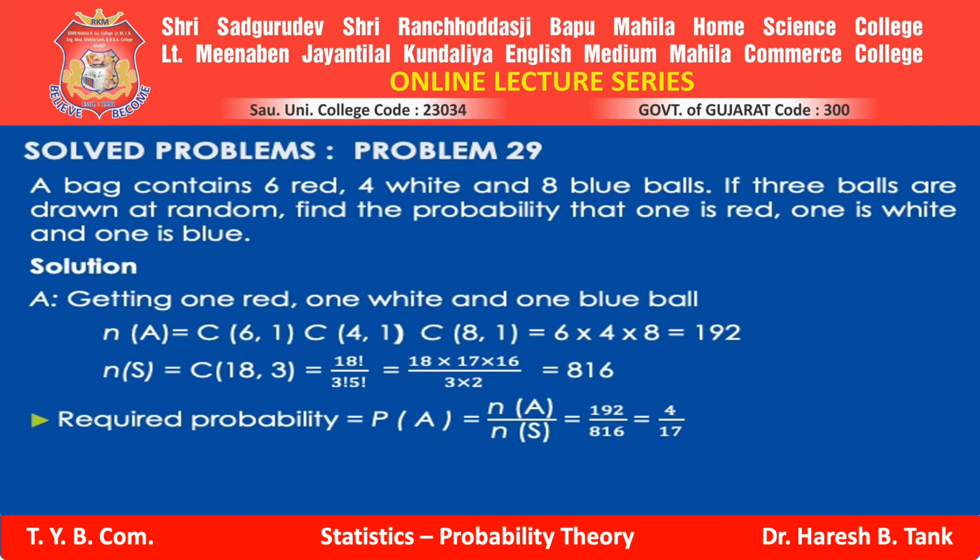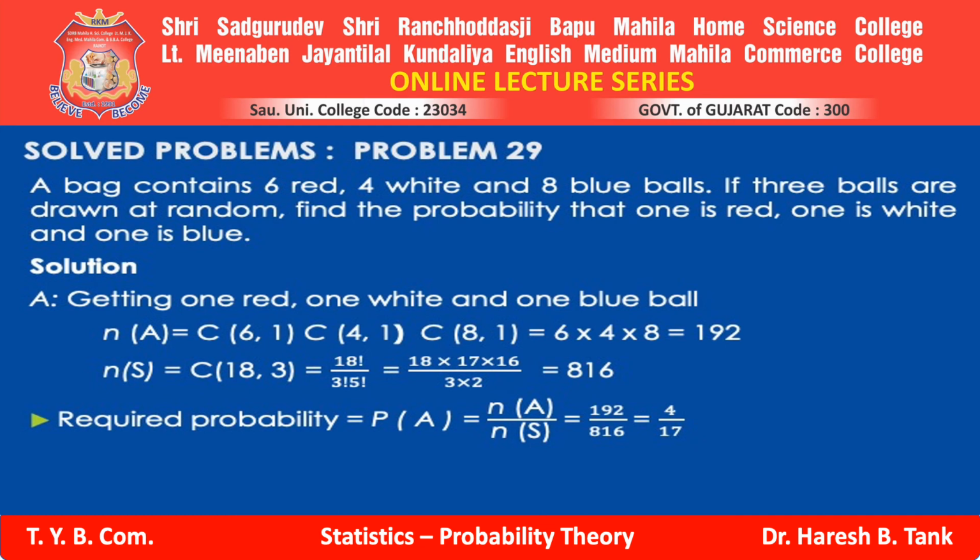A bag contains 6 red, 4 white and 8 blue balls. If 3 balls are drawn at random, find the probability that one is red, one is white and one is blue. Okay. Let us define event A as getting 1 red, 1 white and 1 blue ball.